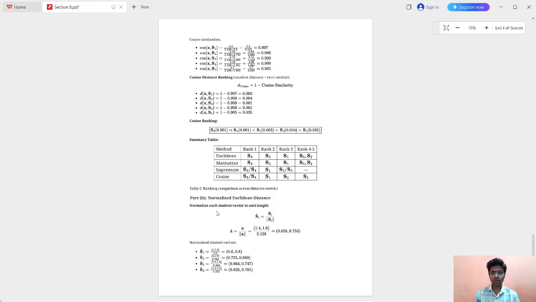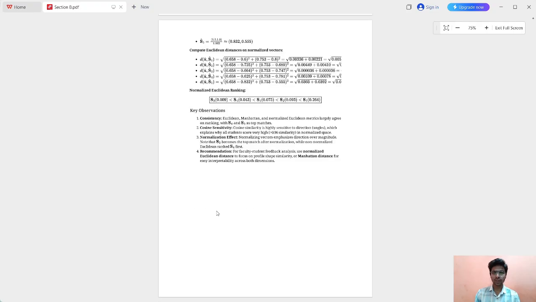The normalized vectors: S1 equals (0.6, 0.8), S2 equals (0.725, 0.689), S3 equals (0.664, 0.747), S4 equals (0.625, 0.781), and S5 equals (0.832, 0.555). Computing Euclidean distance on the normalized vectors.